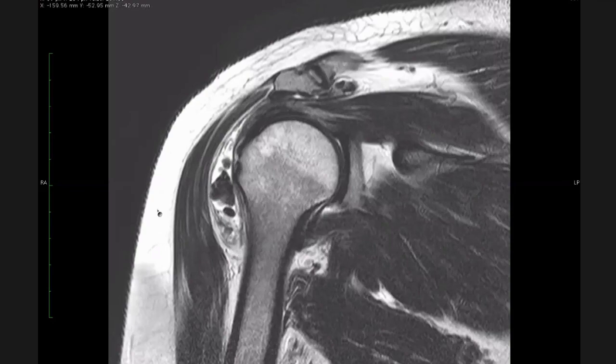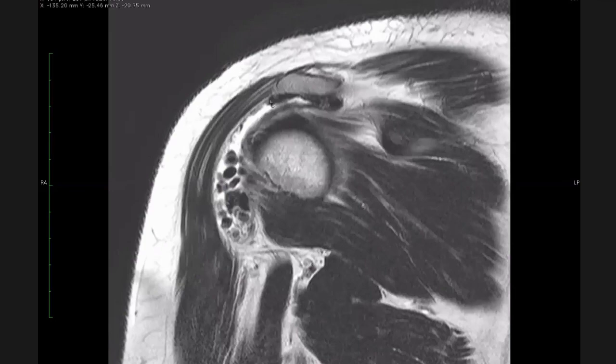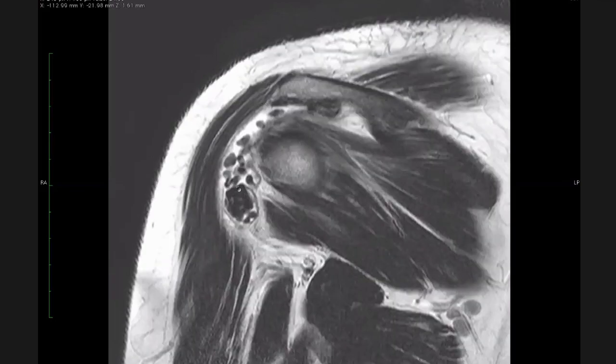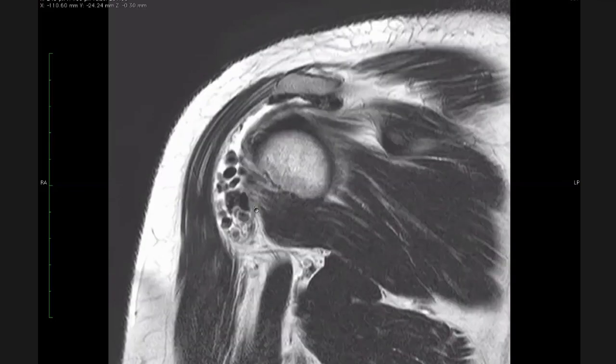They are in the subdeltoid bursa. Excellent. Yes, the subdeltoid bursa, as you can see, communicates with the subacromial bursa. So whatever you were seeing on the X-ray, they were primarily in the subacromial subdeltoid bursa.